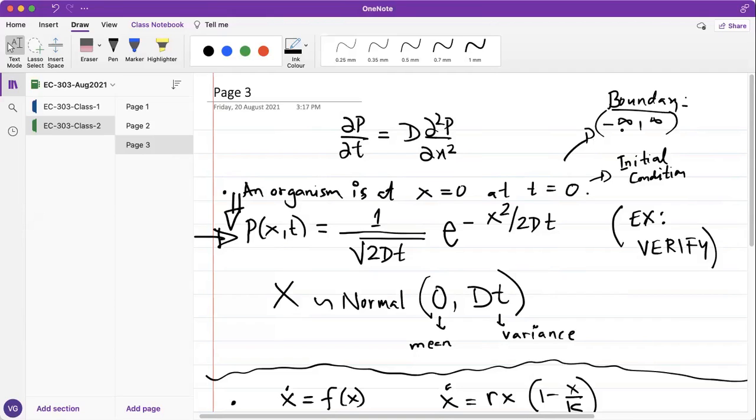But we can nevertheless apply this solution within some range of values, as long as you're away from the boundary. For large enough times, you will always hit the boundary, which means there will be a limitation to how much you can apply it. In many of these cases, you deal with this in two ways.